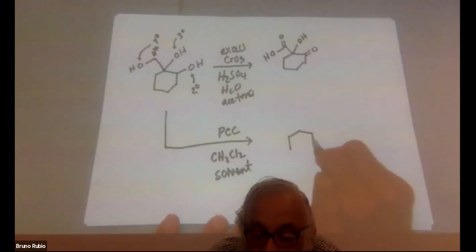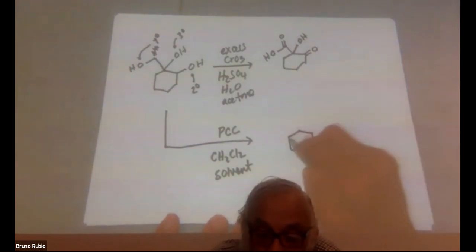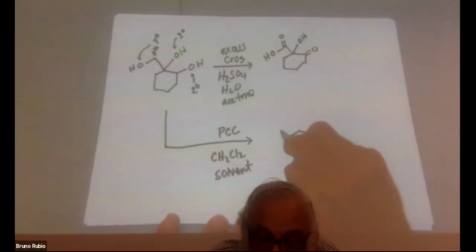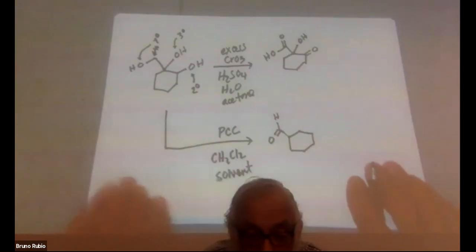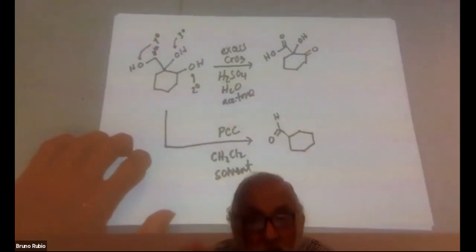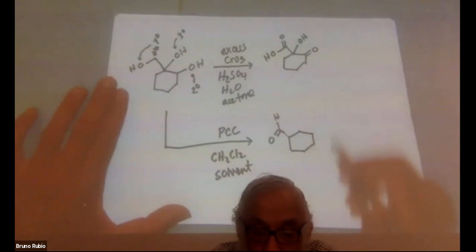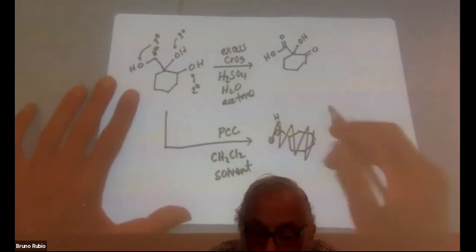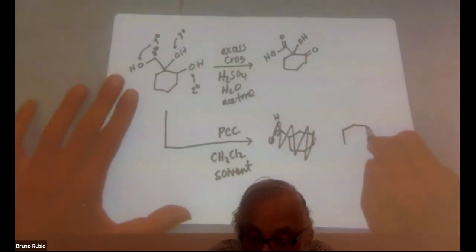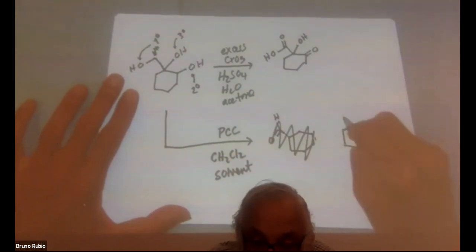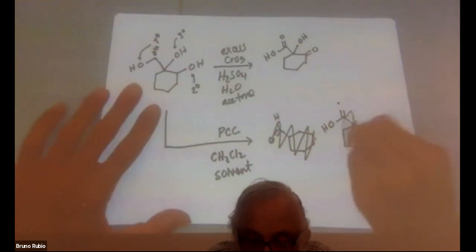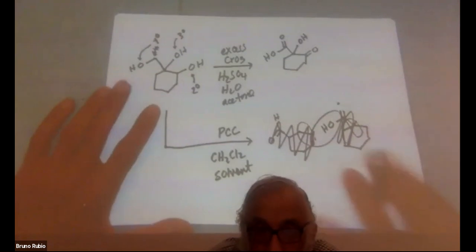PCC does exactly the same thing that Jones does, except a primary alcohol is oxidized to an aldehyde, and we just explained how it doesn't go through a second cycle of oxidation. Oh, shoot. I put that guy on the wrong carbon. Let's try again. So that becomes a carboxylic acid. Sorry. Oh, dear. Try again.